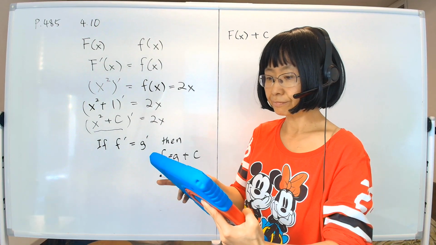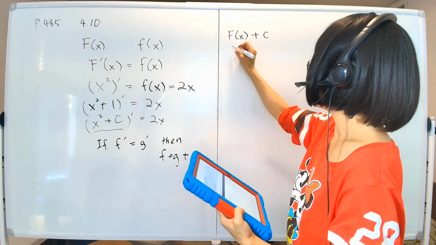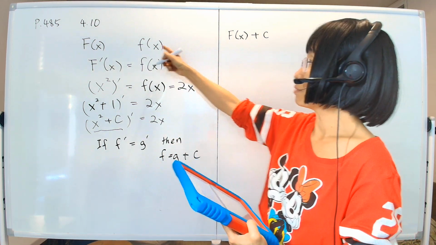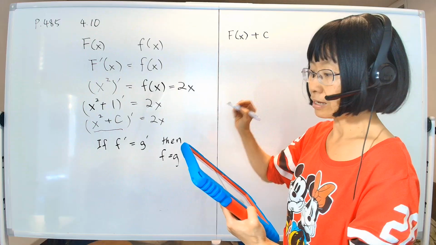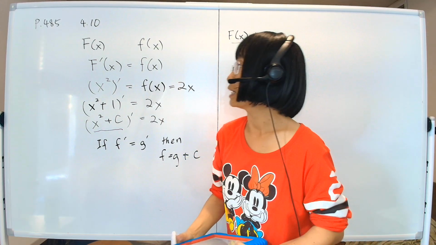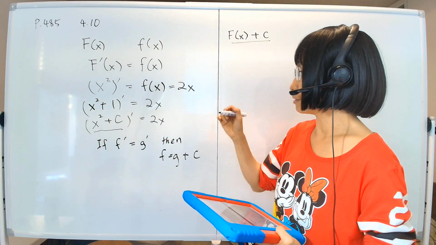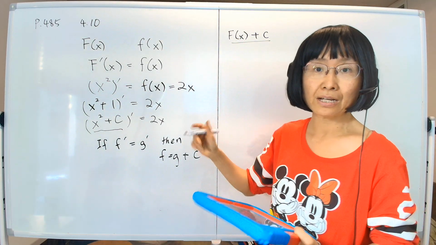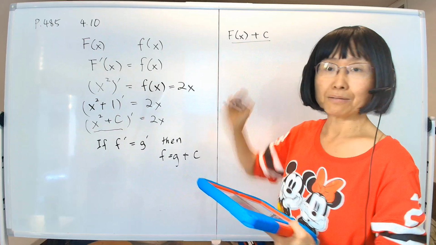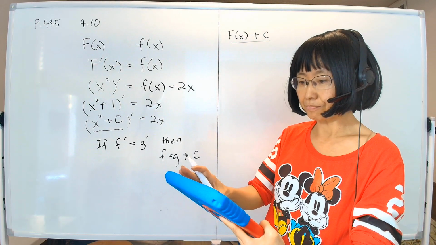Furthermore, any antiderivative of small f differs from the big F only by a constant. Okay, that's all you need to remember: there's only one antiderivative, except you're able to add a constant to it. So that's the point of the theorem.